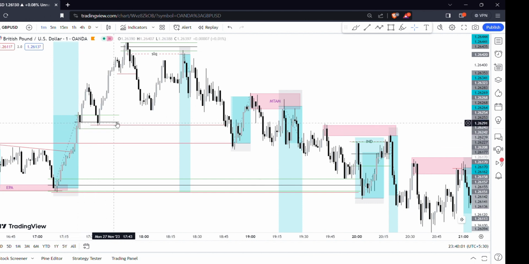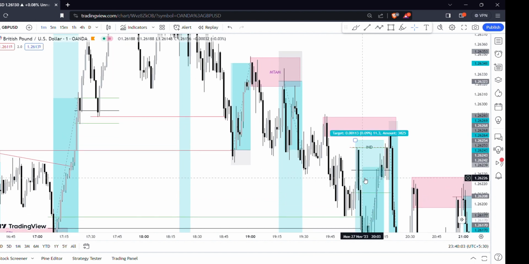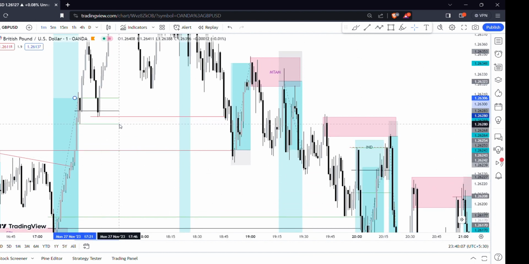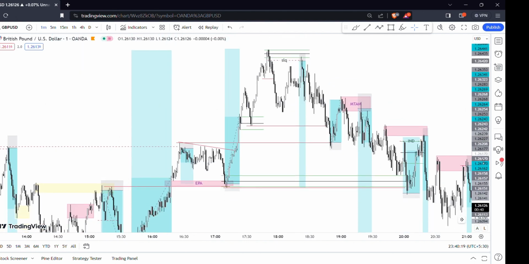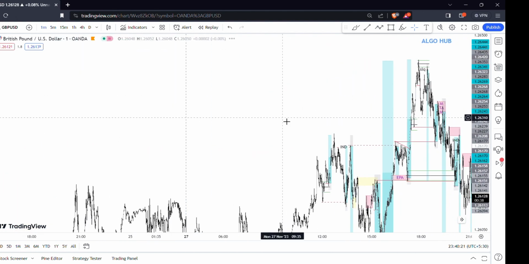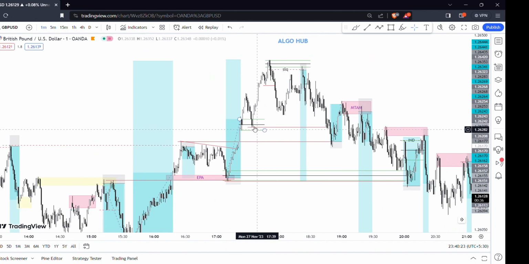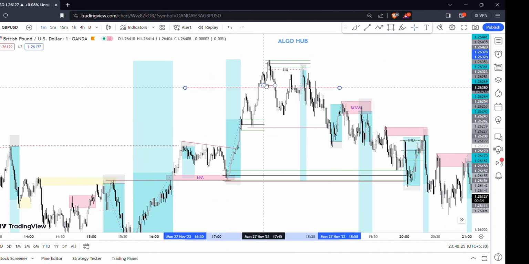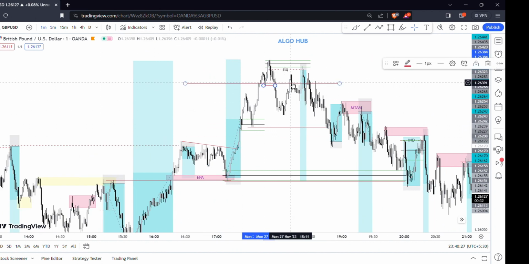That's why, if you see the main threshold, this is a topic I took from ICT. I don't respect all ICT concepts because some of them are not important. If you see after the 50%, the market is showing rejections. It indicates the algo wants to turn the price. That's why you can buy here, but I don't take these buys. I only take the buys at the liquidities.